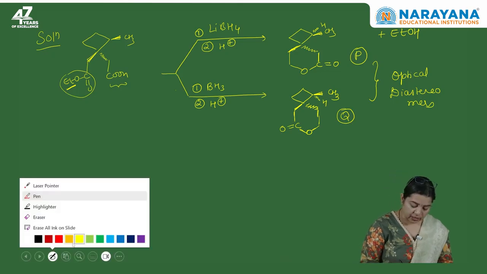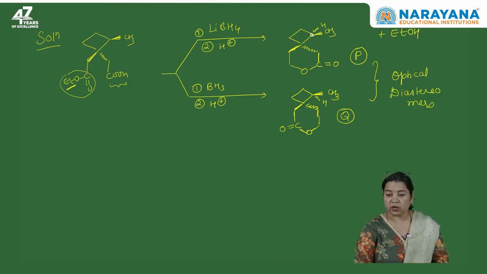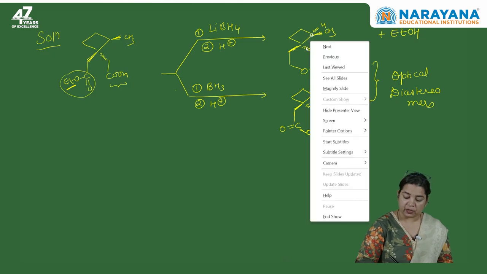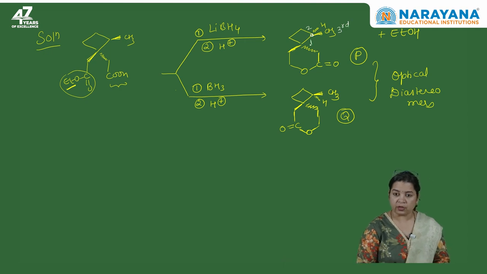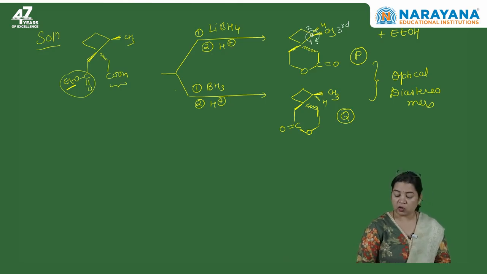Considering CIP priority, let's change the color. For this carbon, if I want to do CIP priority, the most preferred is this lower arm, right? Second preference will be this upper arm. Third is this methyl group. And already the lowest priority is on dash. So I can see this is an R configuration chiral center.